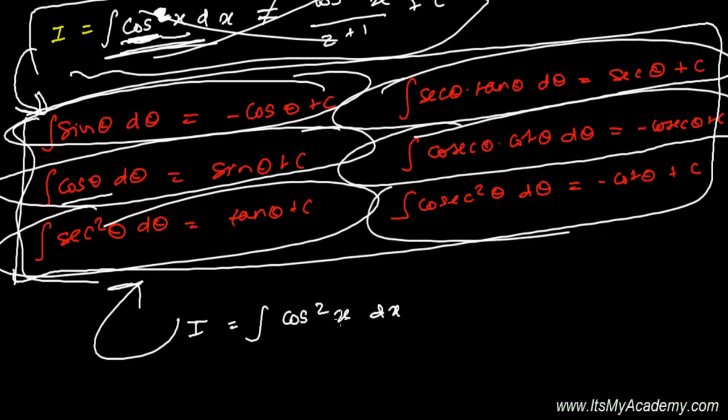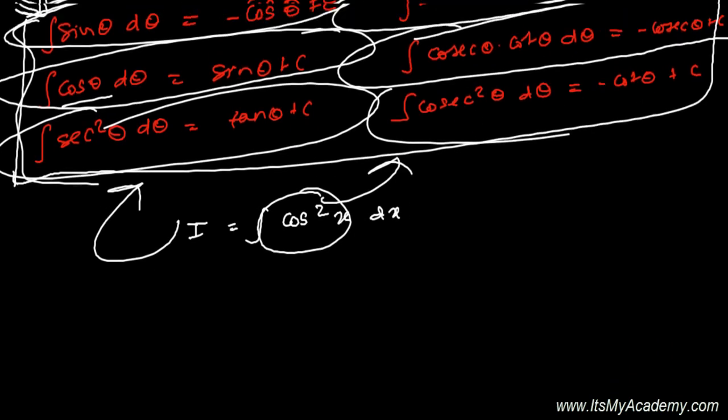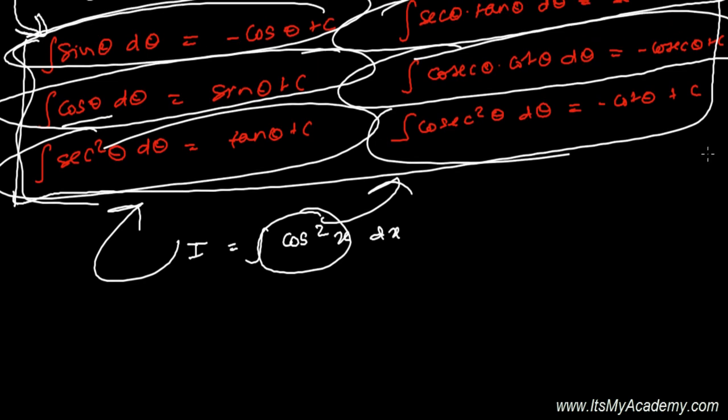And how do I convert this into any of the 6 formats? I must convert this cos square x into one of them, but how? That will take all your concepts of trigonometry.